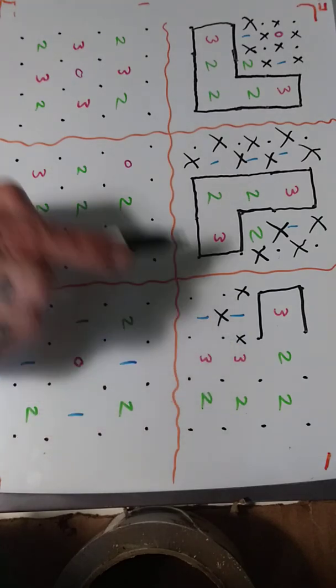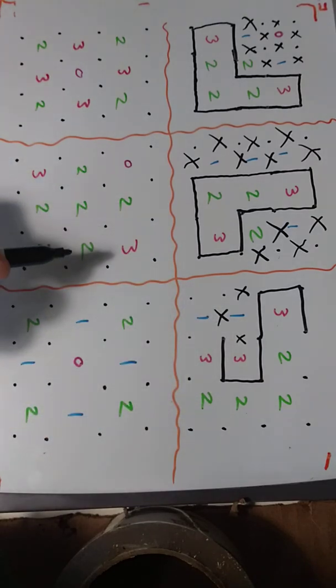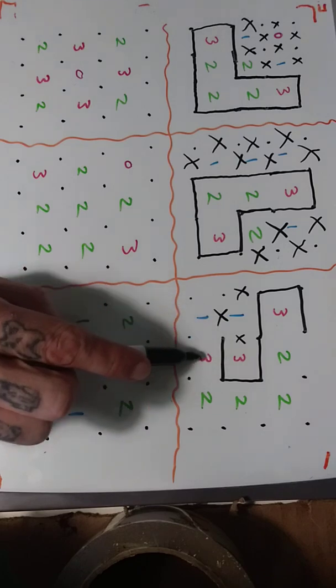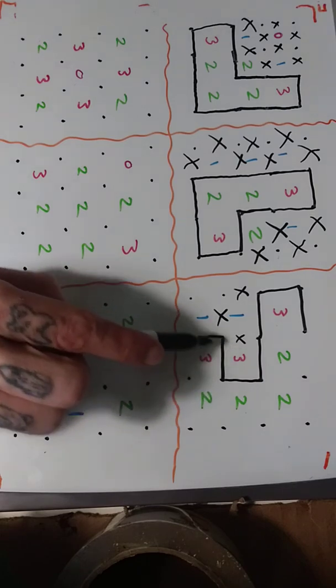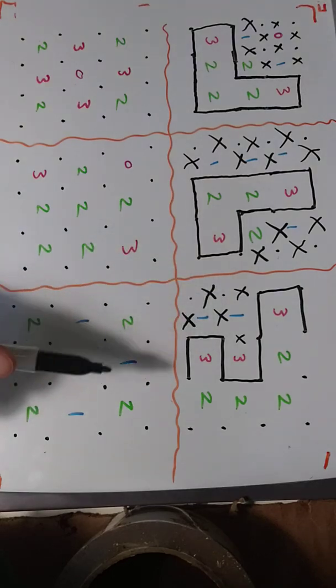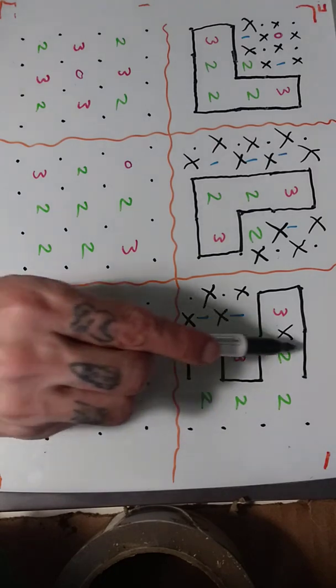So then this 3 needs 3 around it. 1, 2, 3. This 1 needs 1 around it. So this 3 needs 3. 1, 2, 3. That's the 1. And then this needs 2. There's the 2.